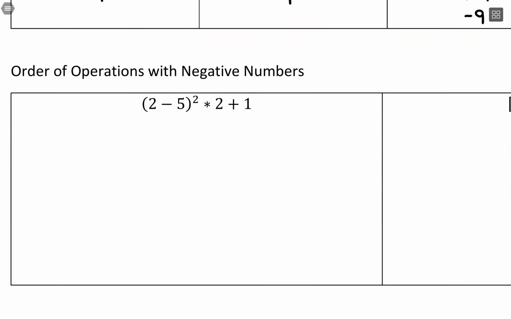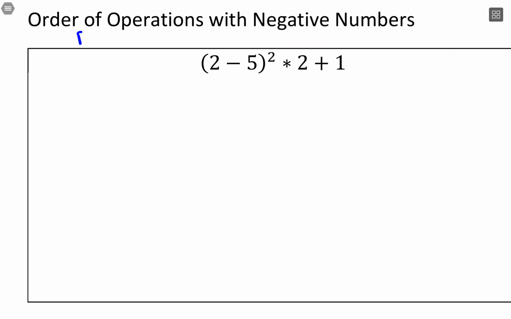All right, our last piece here is just kind of tie it all together with our order of operations. So thinking about PEMDAS. So first thing we want to deal with is the parentheses. So here I'm focusing on that 2 minus 5. So inside those parentheses, 2 minus 5 is a -3 because I have something small and subtracting something big.